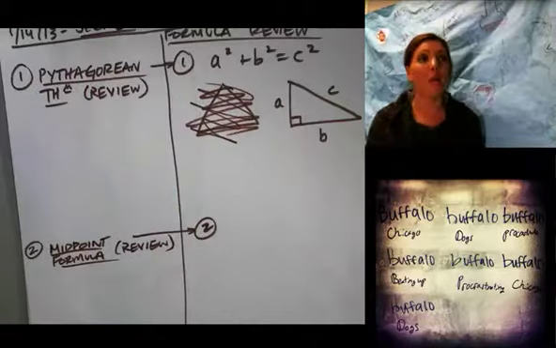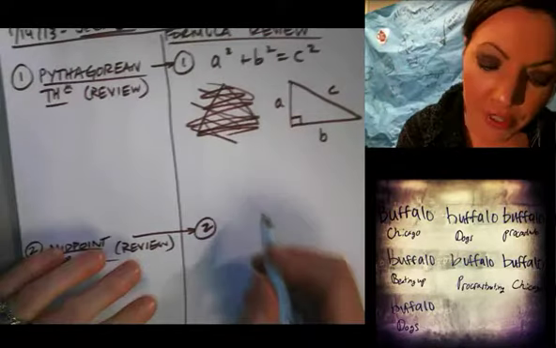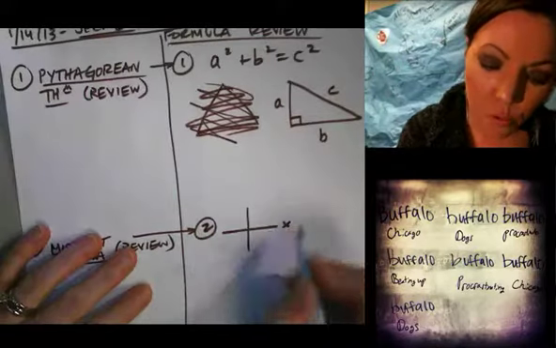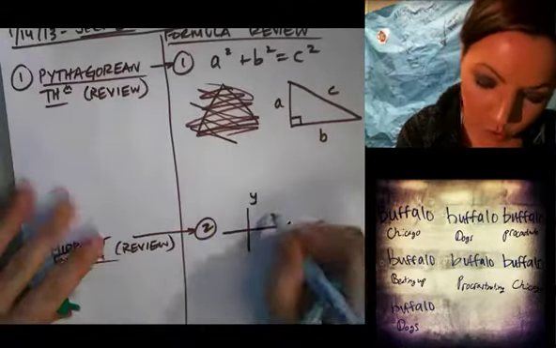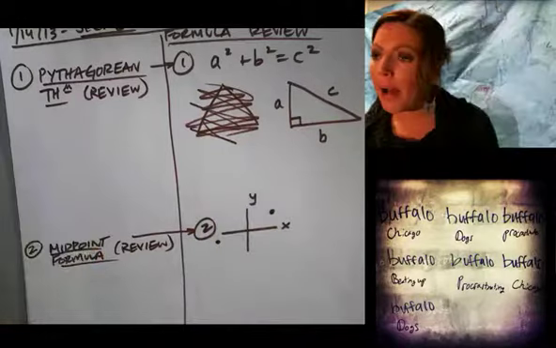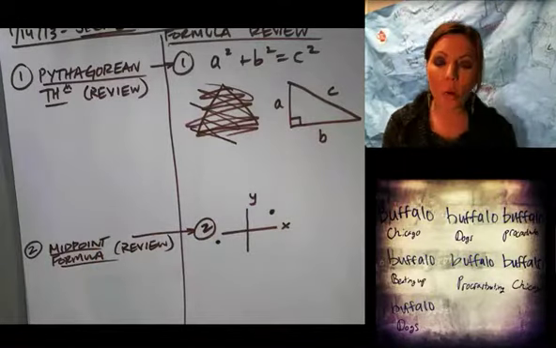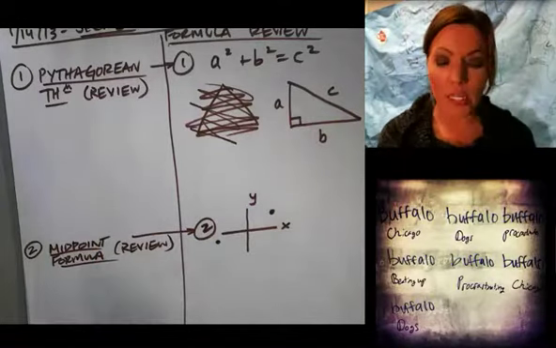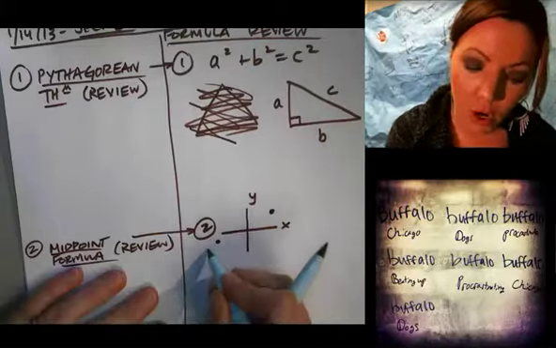Okay. Next thing that we're going to review is the midpoint formula, meaning if we have in a graph 2 points anywhere, doesn't really matter where. Let's say the 2 points are here and there. If you want to find the midpoint or the halfway point between those 2 points, so point 1 and point 2.